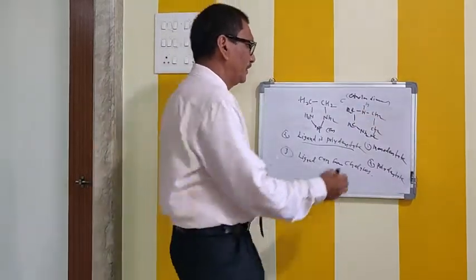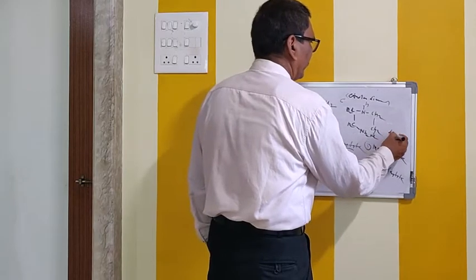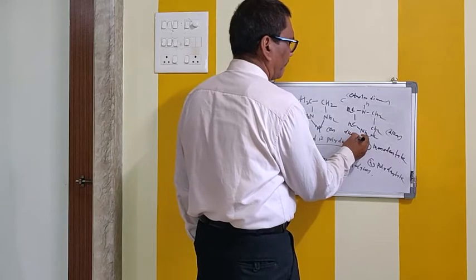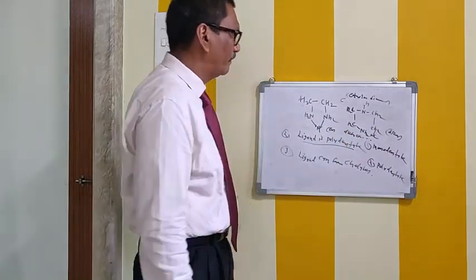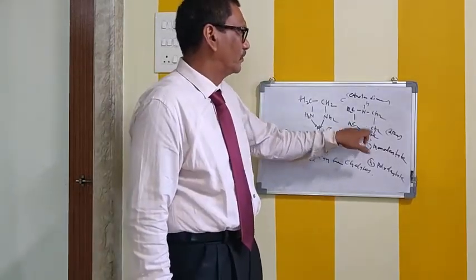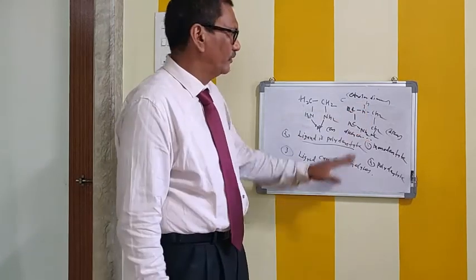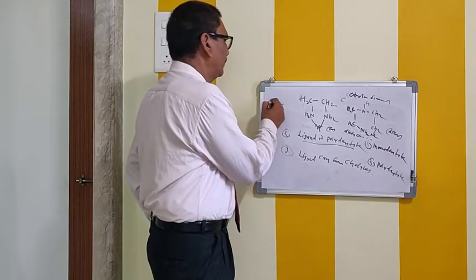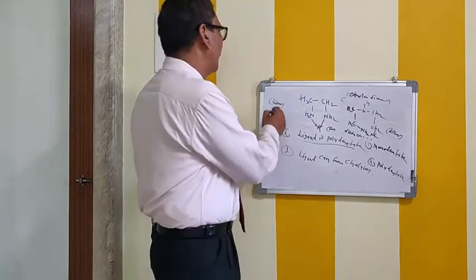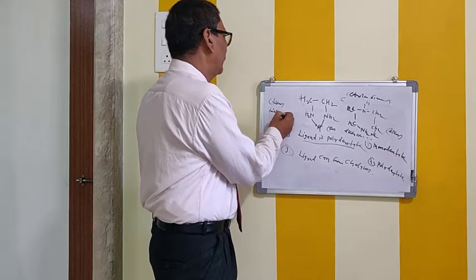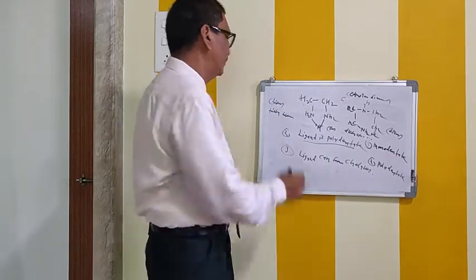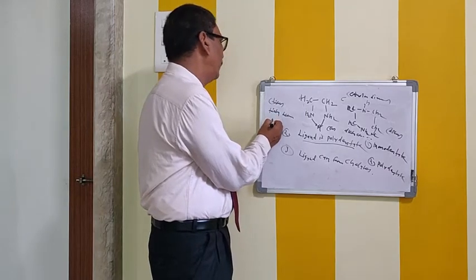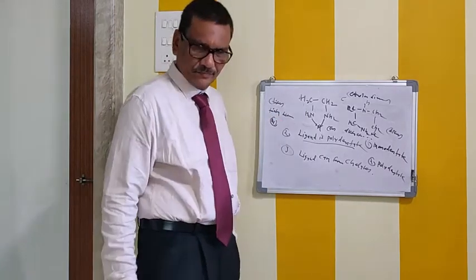This is diethylene triamine, and you have 3 points of attachment from 3 nitrogen atoms, so it is called tridentate. If we take triethylene tetramine, then we have 4 points of attachment, a tetradentate ligand.